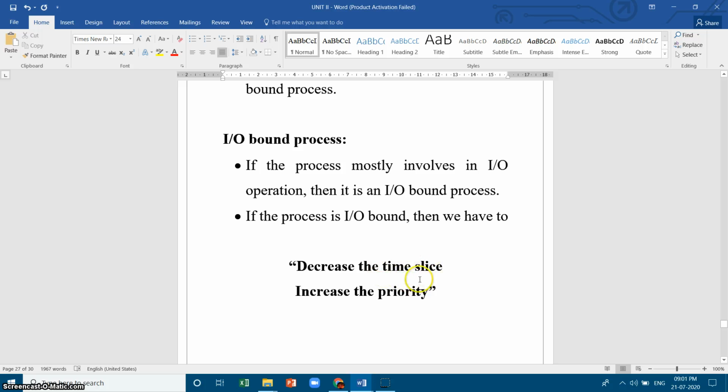The time slice which we have seen in your round robin method. So how much time it has to be inside your CPU, that will be decided by your time slice. If it is an IO bound process, it is not going to be present inside your CPU. So here you are going to decrease the time slice and we can increase the priority. So we can give more importance to this process.